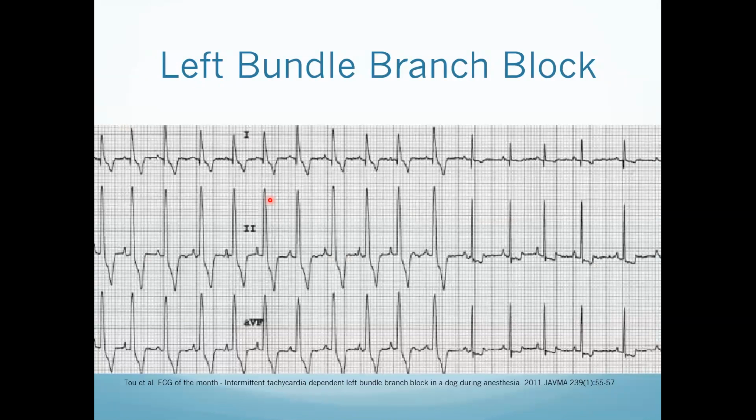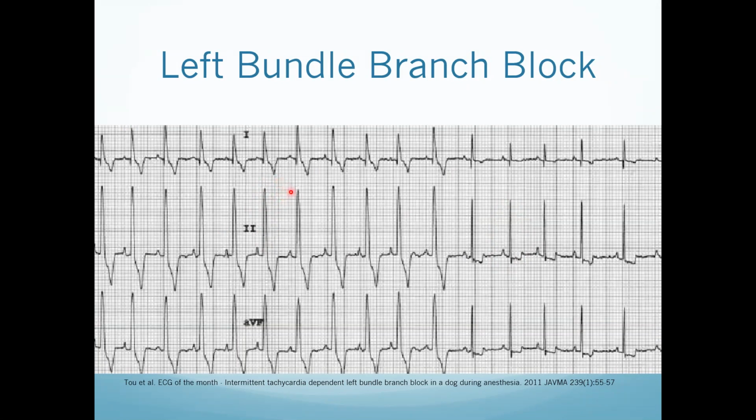When we look at a left bundle branch block, this time again, we do have a somewhat wider QRS complex than what we expect. These are our normal QRS complexes here. Okay, we can see these QRS complexes are now wider and taller. But they're still positive in lead 2. So they're still headed towards the positive pole of lead 2 when we think of that hexagonal lead system, which means they're still directed towards the left ventricle.